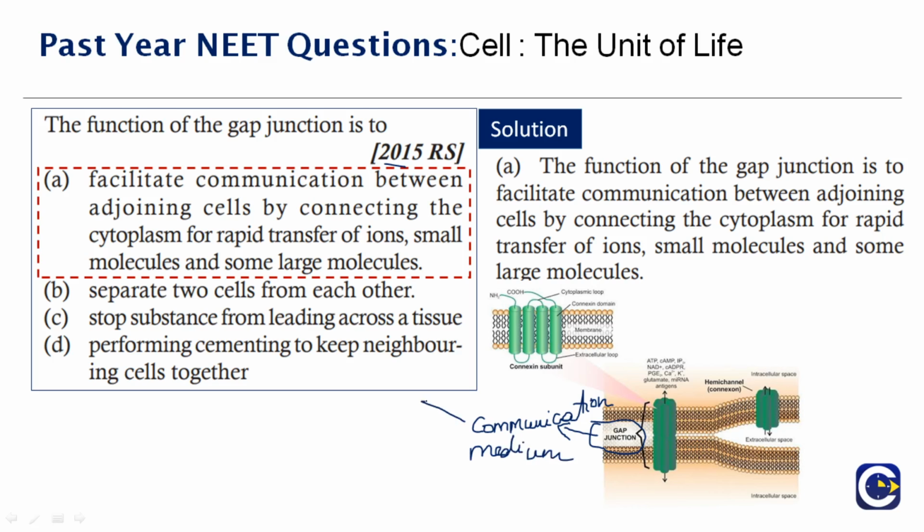And what all it transfers, it can be ions or it can be molecules or it can be impulses. Okay, now you understand what is the function of the gap junction. Now let's move to the next question here.